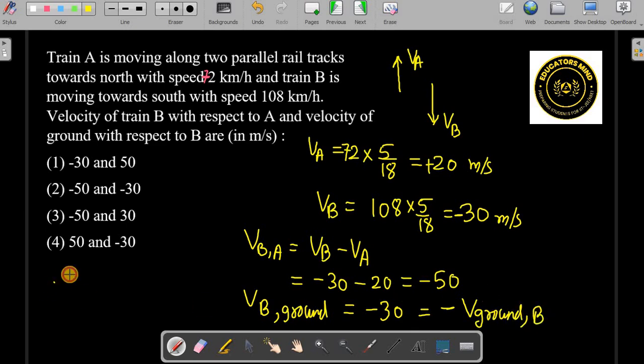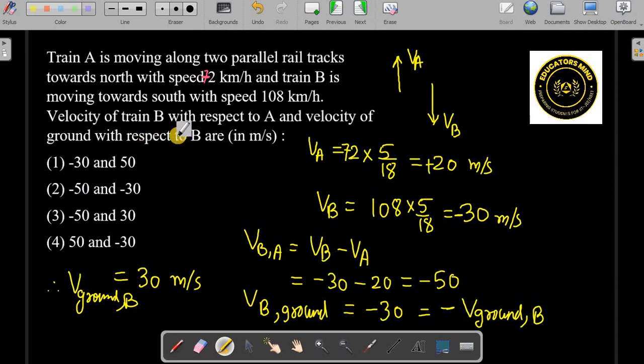So from here we can say velocity of ground with respect to B will become 30 meter per second. In this question we should give the sign, because plus and minus signs should be defined. We cannot say just one sign.